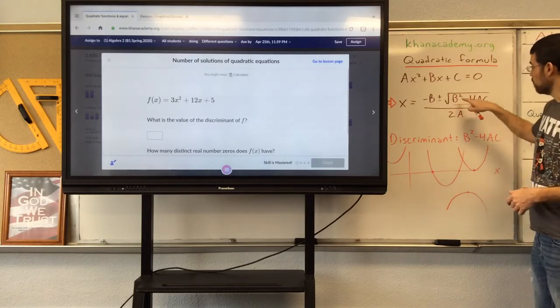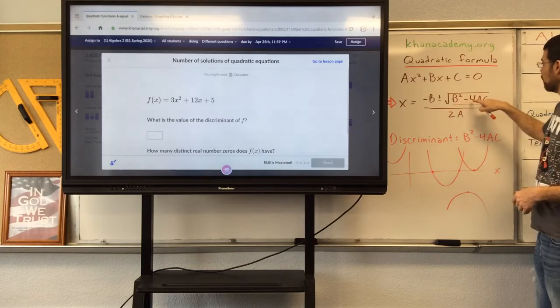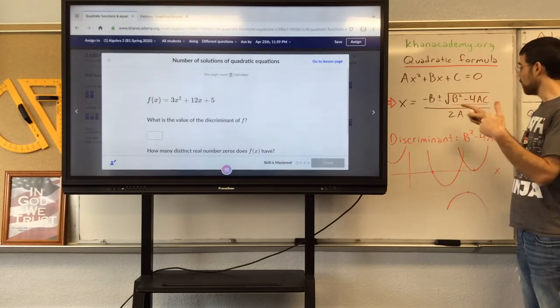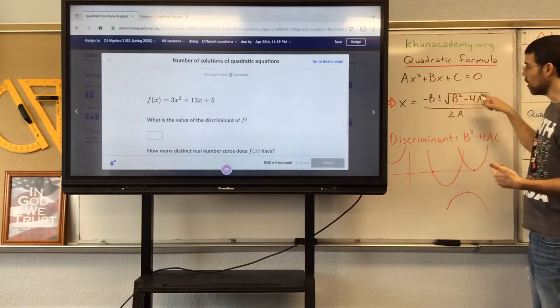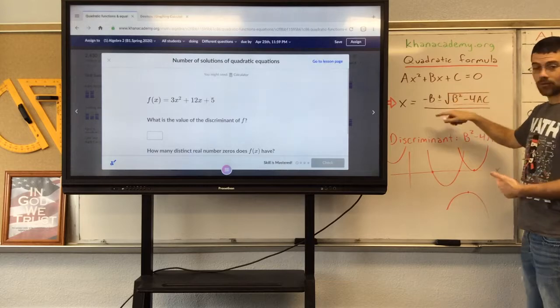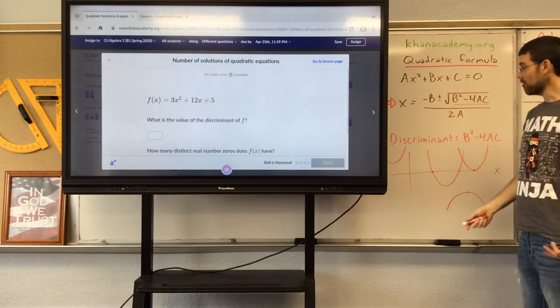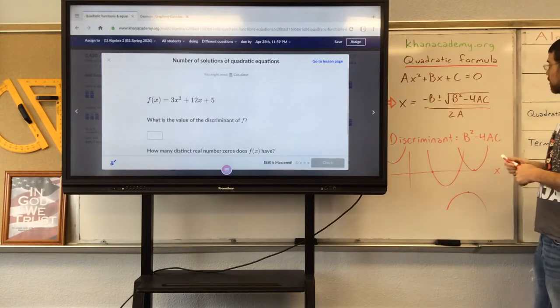But what if b squared was the same number as 4ac? If it was 9 minus 9, for example, well then this would be 0. And if you add or subtract a 0 from something, you don't change its value. So then you would only have one solution for x.